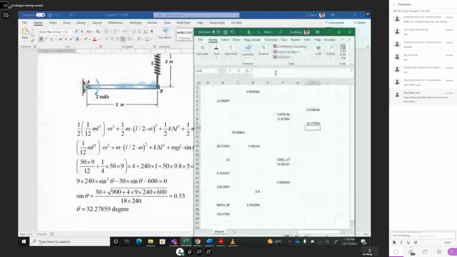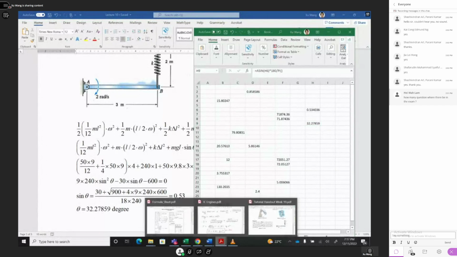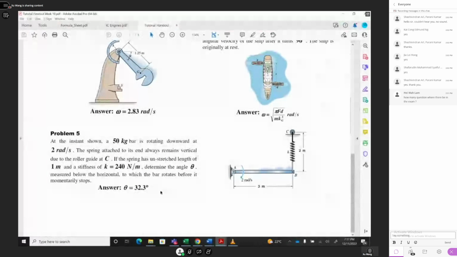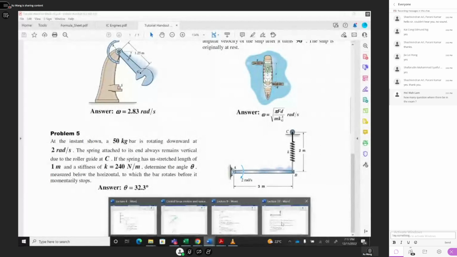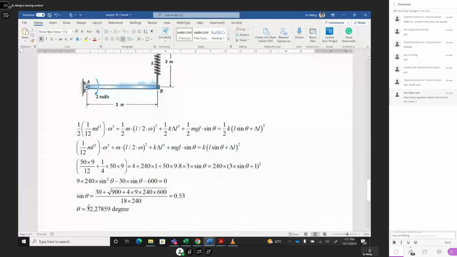Then you get 32.278 degrees. You check the standard result, and it's 32.3. I get this 32.3, yeah, that's right.